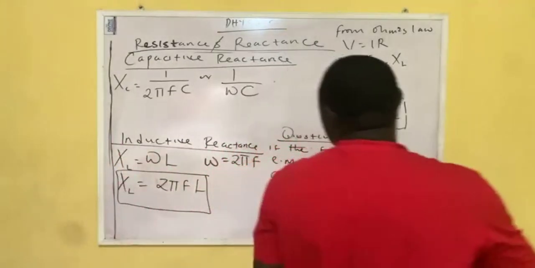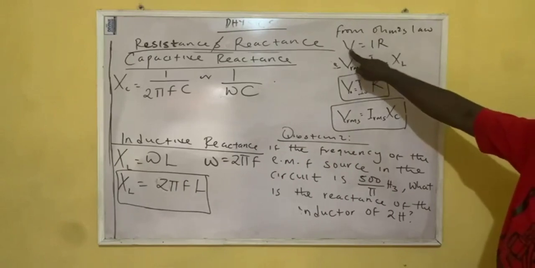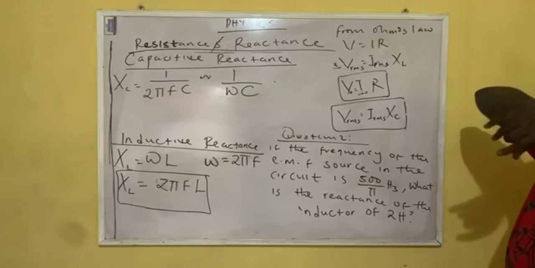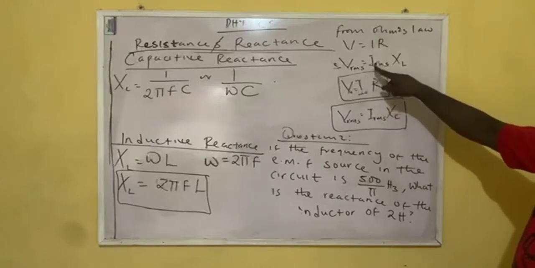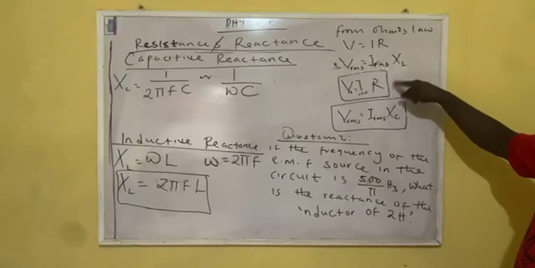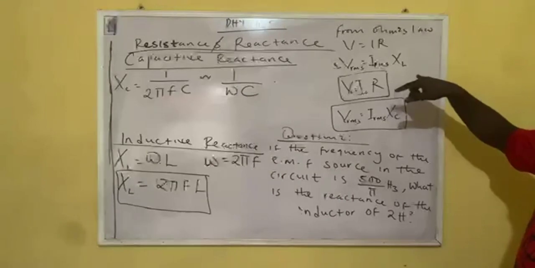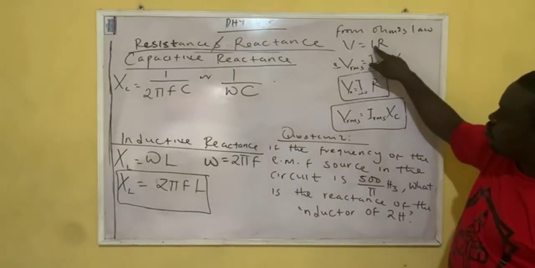Do not forget, from our Ohm's law, V is IR, and so relating it now, your voltage root mean square is equal to your current root mean square multiplied by your reactance. So you have it. Just compare and contrast.